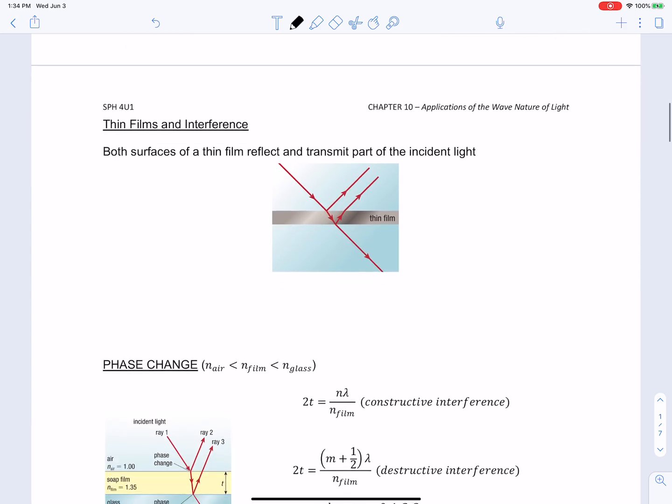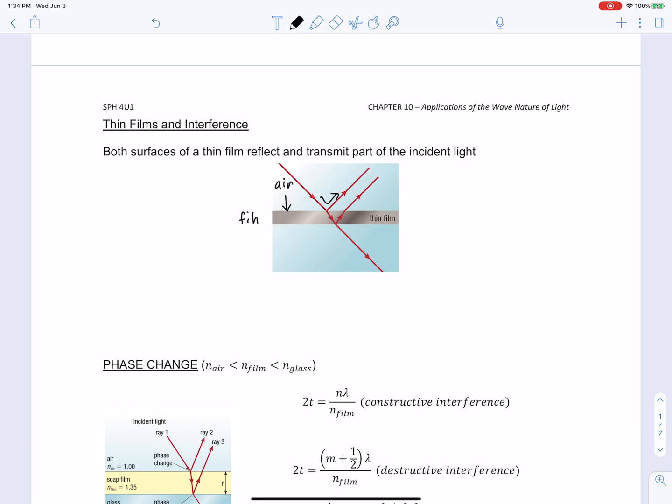Let's take a look at thin films and interference. Both surfaces of a thin film, this upper surface, which is the air-film interface, cause a reflection.